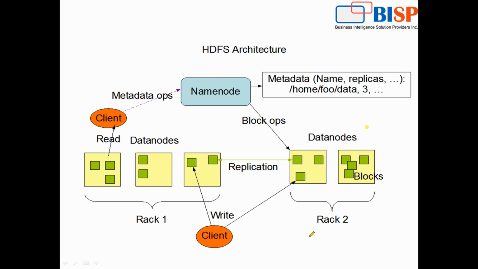The HDFS architecture, before I wind up today's session. With this you can understand the scope of Hadoop that we have in the market.